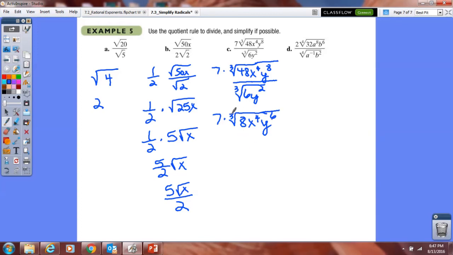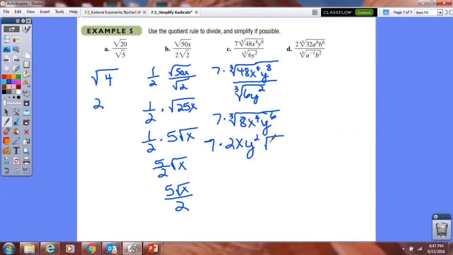Alright, now we've got the cube root of 8, so let's split this up. Actually, you don't have to split it up, so let's just do this. We've got 7 times the cube root of 8 is going to be 2. Divide 3 into x to the 4. 3 will go into 4 one time, and we're going to have 1 left over under the radical, and then we can divide 3 into the 6 to get y squared.